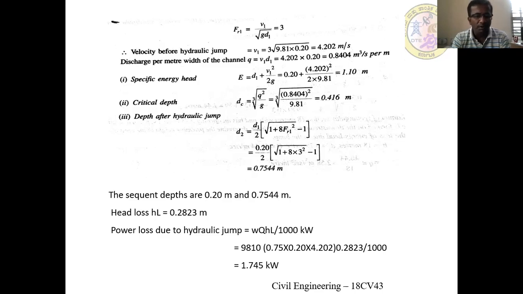The sequent depths are, finally, it is better to conclude the answer, 0.2 meter and 0.7544 meter, and head loss is 0.2823. Head loss is as usual (D2 minus D1) whole cube divided by 4 D1 D2. For power loss due to the jump, w Q HL by 1000, we get 1.745 kilowatts of power loss due to the hydraulic jump.